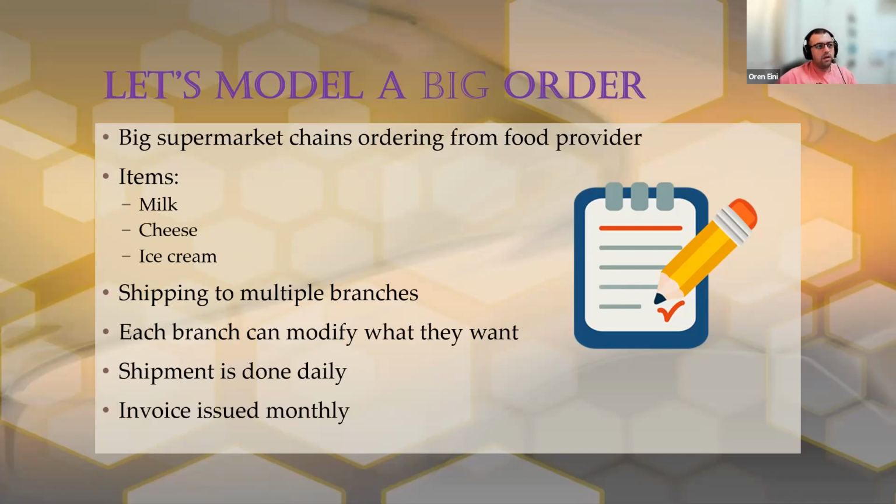And I'm shipping on a daily basis to multiple locations. The actual invoicing is after the fact. So think about the number of concurrent operations that are happening here. How would you sit down and model this? What would be the core concepts?